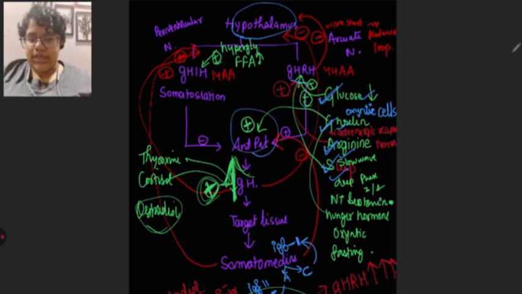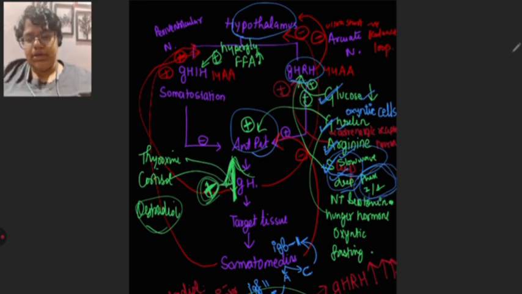Arginine also stimulates GHRH, and its mechanism is by stimulating the alpha adrenergic receptors on neurons for GHRH. Slow wave sleep, you write that it's deep sleep, phase 3.